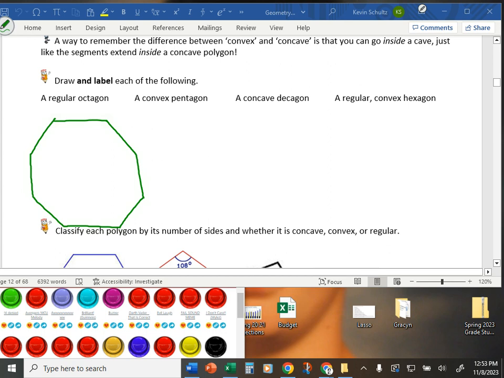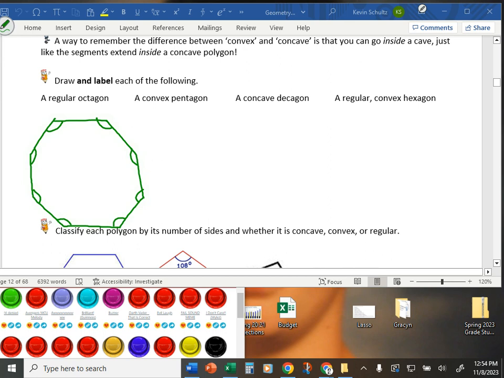So here's the thing with the labeling. If I were to ask you to draw a regular octagon on the test, and this is what you gave me, I would have to mark it wrong. What would you have to add to it to tell me it is indeed regular? You need the arcs on the angles to show me they're all congruent.